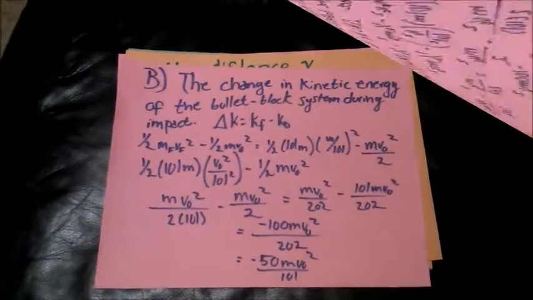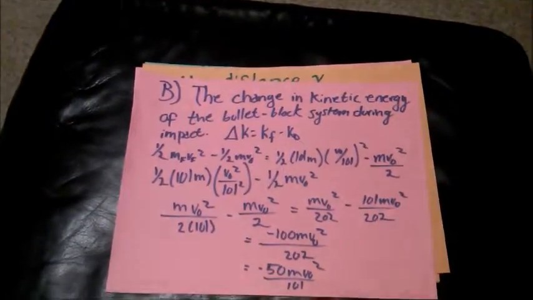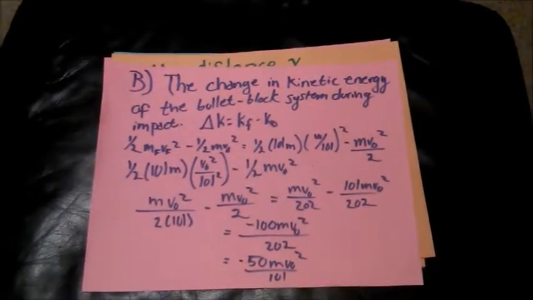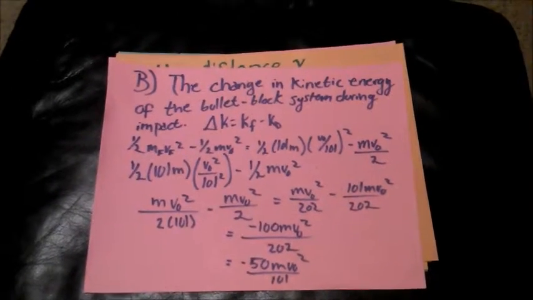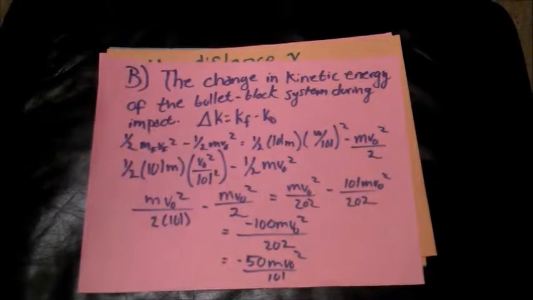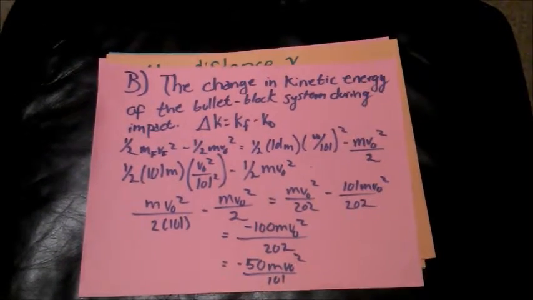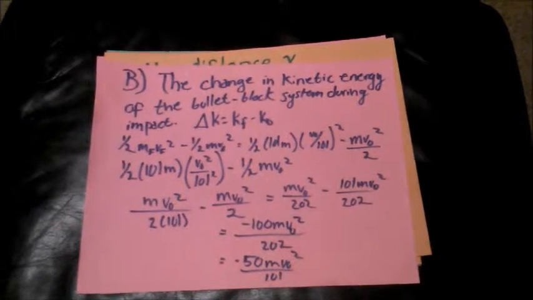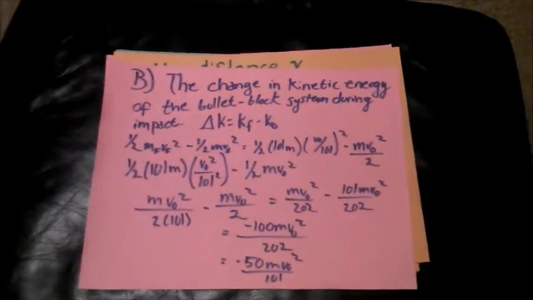The change in kinetic energy can be found through the equation delta k equals kf minus k naught. This is further broken down by 1/2 mf times vf squared minus 1/2 m naught v naught squared.